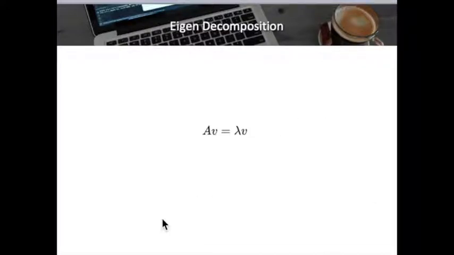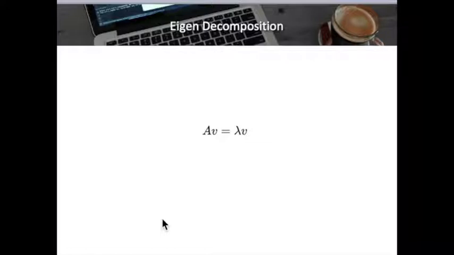Here we're going to look at eigen decompositions of the covariance matrix. Generally, eigen decomposition represents one connection between linear transformation and the covariance matrix.